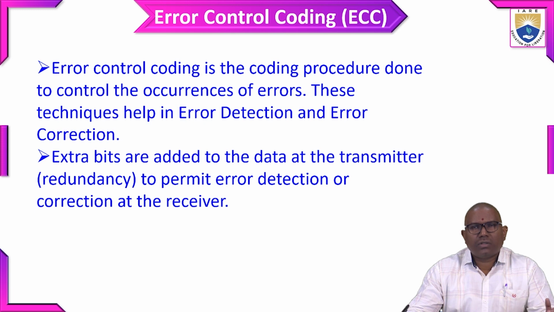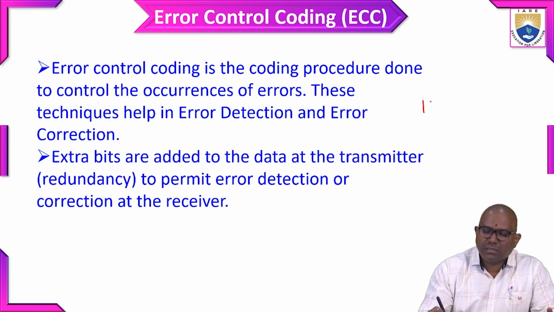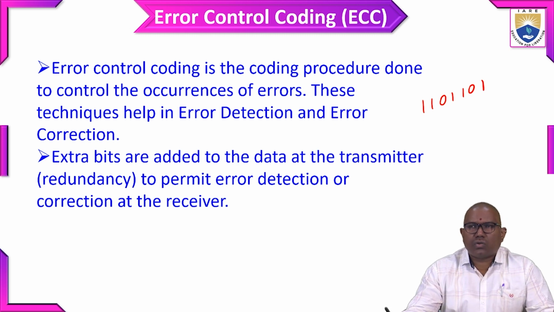Error control coding deals with two types: one is error detection, and the other is error correction. Here the sequence is just like 1100, 1101, for example.